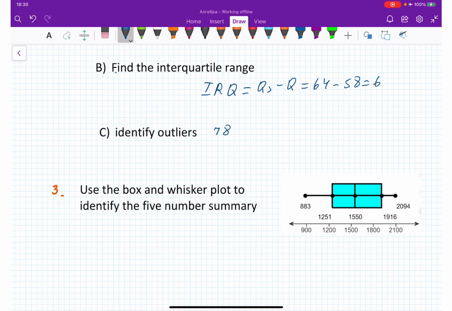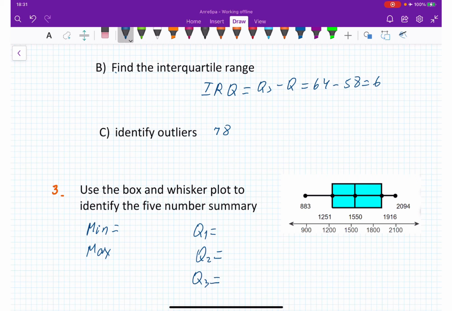Moving to question number 3. So we need to identify the 5-number summary. What is the 5-number summary? It's the minimum, max, right? And then Q1, Q2, Q3.